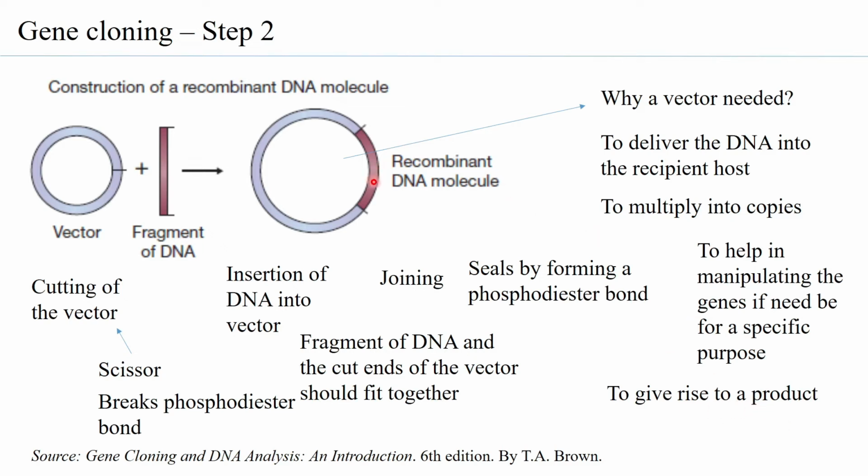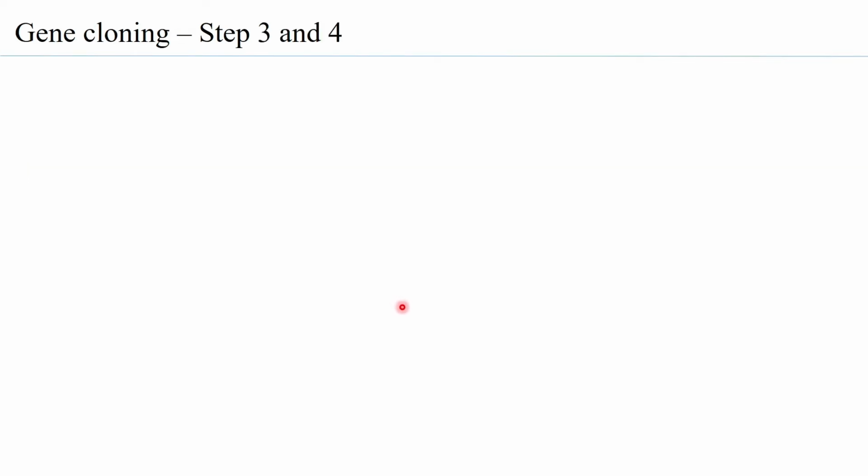So you may not only get multiple copies of the fragment of DNA, but the multiple copies can also be expressed and you can get its product. That is why the vector is an important and essential part of the gene cloning mechanism.